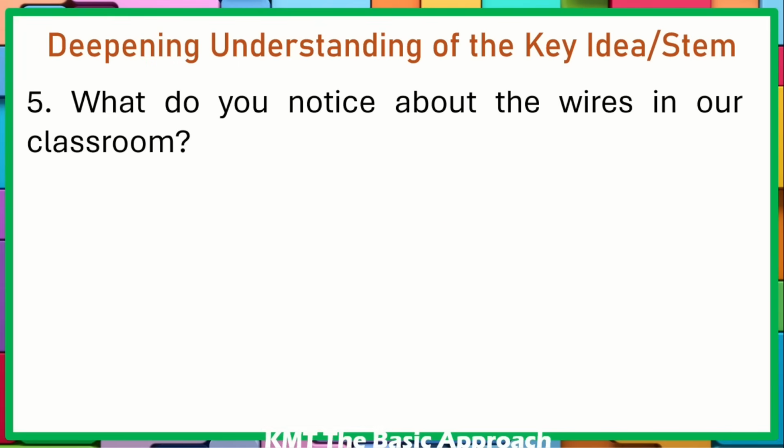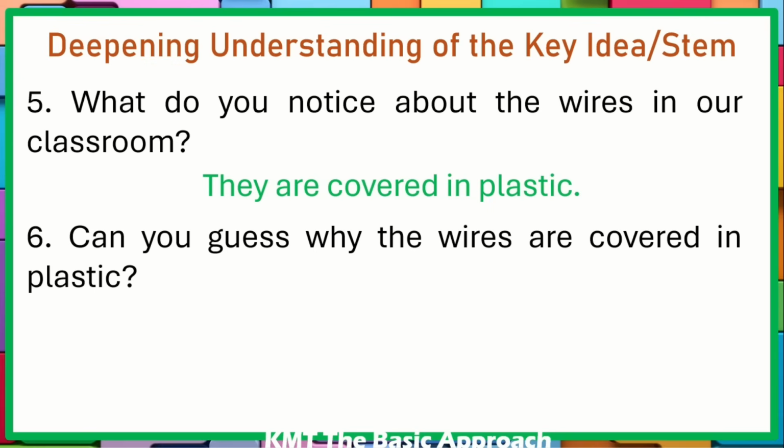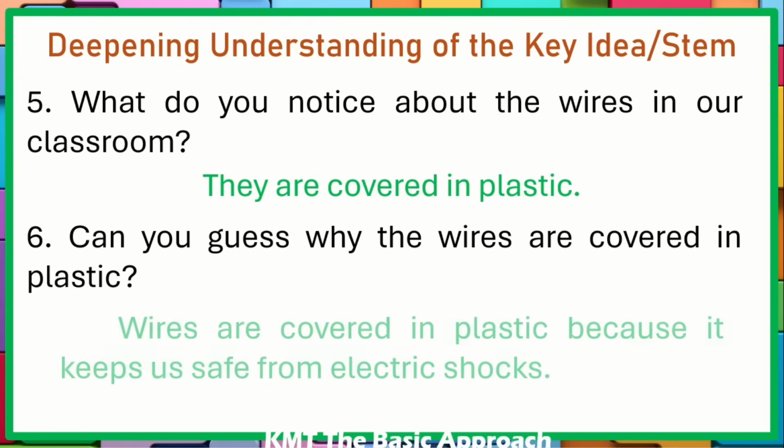Number 5. What do you notice about the wires in our classroom? Correct! They are covered in plastic. Number 6. Can you guess why the wires are covered in plastic? Great!